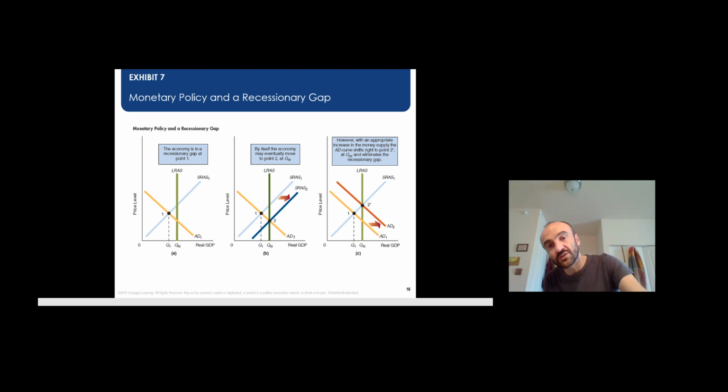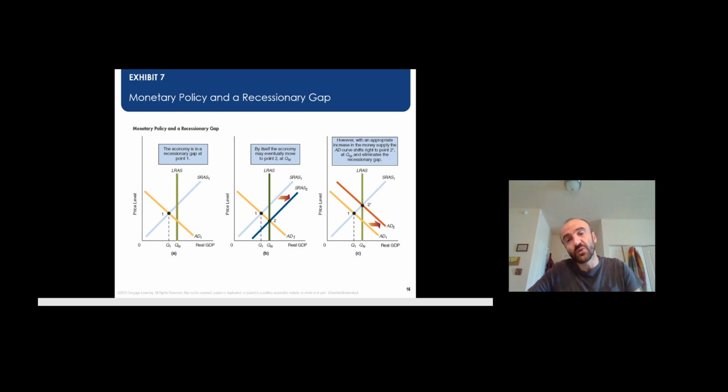So this will be shown as the movement of the short-run aggregate supply curve to the right. And it will intersect the long-run aggregate supply curve in point 2. So then we close the recessionary gap by simply letting the economy recover spontaneously.